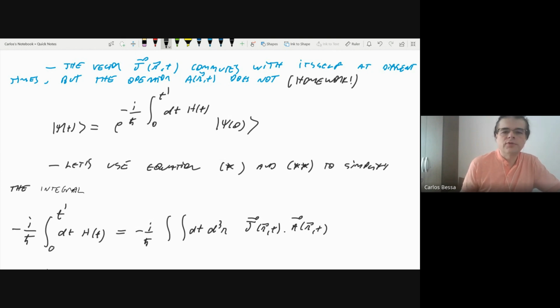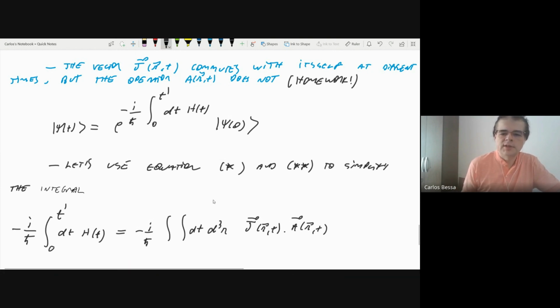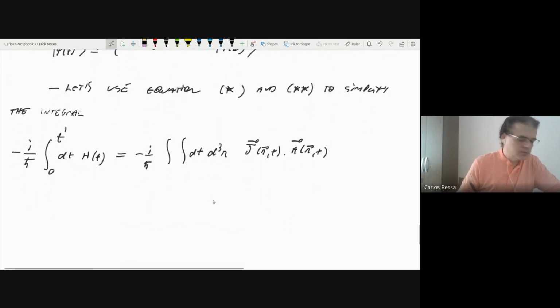Okay, so let's use, I think it's equation 1 star that we define A. So let's use A here, and then we could use the properties of the operators. I use equation 2 star here because it's the definition of h. So remember, this is the definition of h, the Hamiltonian, and equation 1 star I'll use.